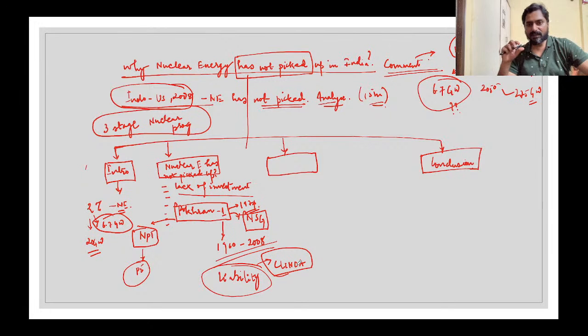Some other environmentalists are saying that if we can produce electricity from solar, which is a much better renewable than nuclear, then why go for nuclear? Nuclear is not cleaner in that sense because it produces nuclear waste. So these are some of the arguments given for why it is not picking up in India. You can write those arguments as the reason.